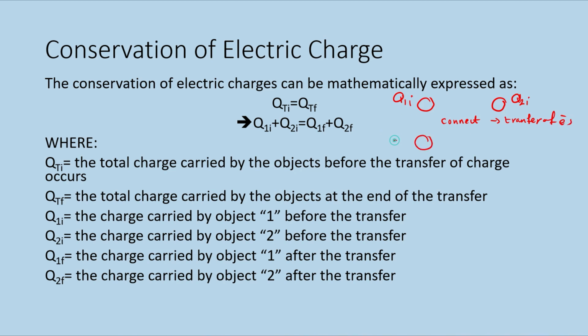Object 1 will end up with Q1 final, its final charge after the transfer, and object 2 will have Q2 final as its final charge.